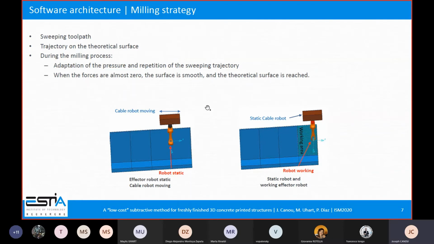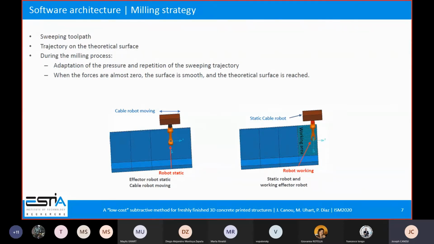And the strategy is to define just a basic trajectory, a sweeping trajectory, for example, talking about polishing. You just define what is the theoretical surface, and then apply the force control, and you sweep in front of the wall, you are polishing, and when the forces are almost zero, it means that you have reached the surface, and that's okay.